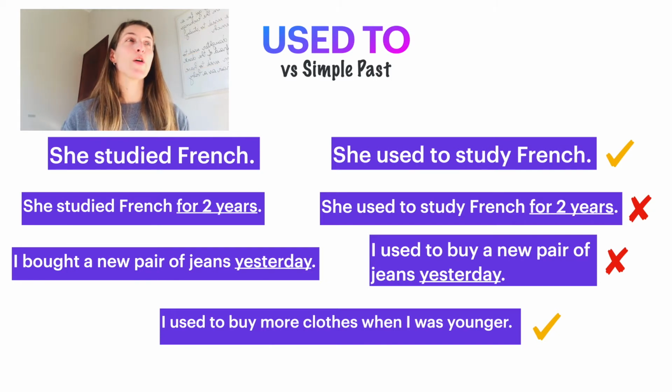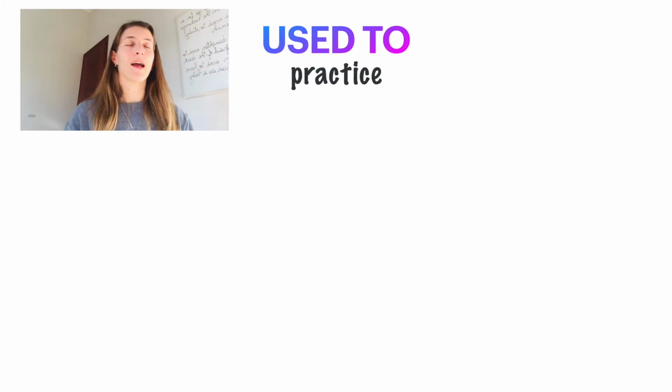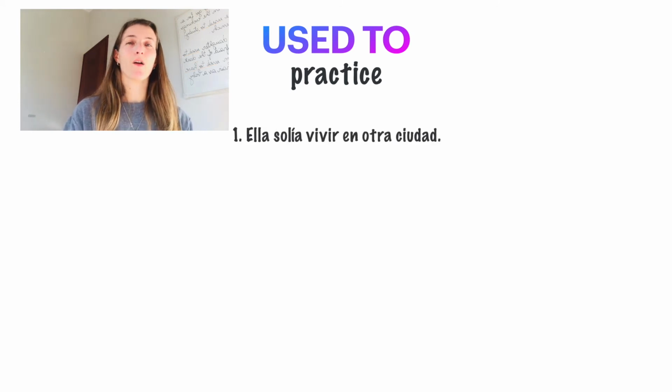Okay, so now that we've seen all this theory, let's practice a little bit, okay? So, a question. How would you say, ella solía vivir en otra ciudad? ¿Cómo lo dirías vos en inglés?